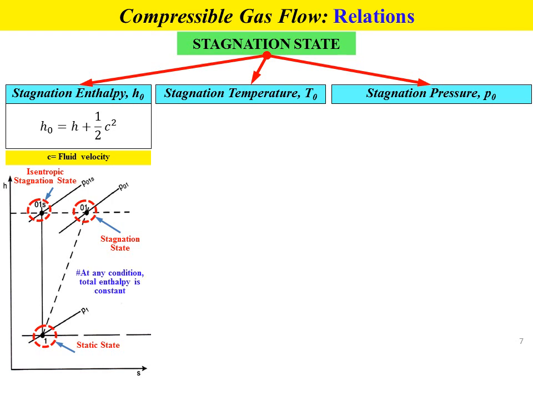So if we refer to the diagram, enthalpy for 01S actually equals enthalpy at state 01. So at any condition, the total enthalpy is constant if we refer to this diagram.